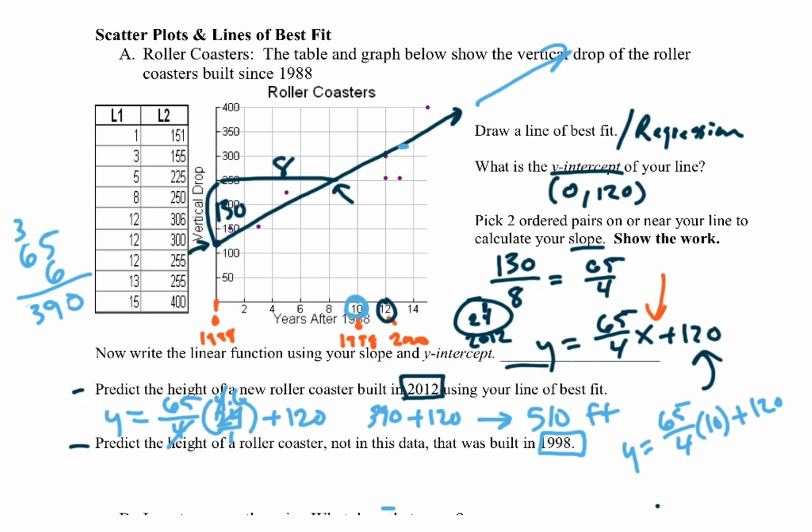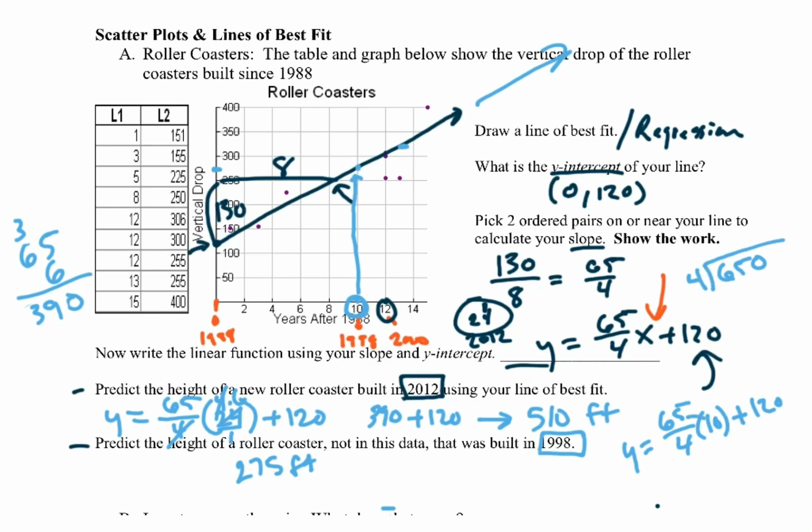We could do it that way, or I could just go up to my graph and estimate and say, according to my line, it's probably going to be about 275 feet.